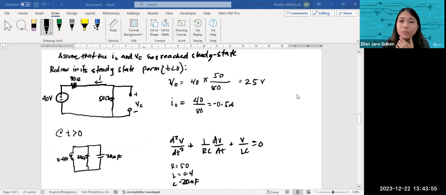So this one would be different if, for example, like the first one that we did, the initial condition is not actually the steady state. Okay?